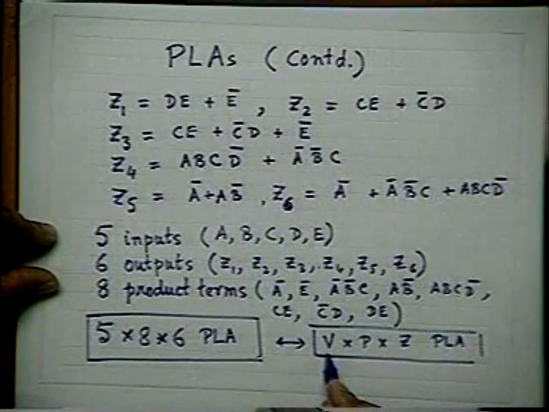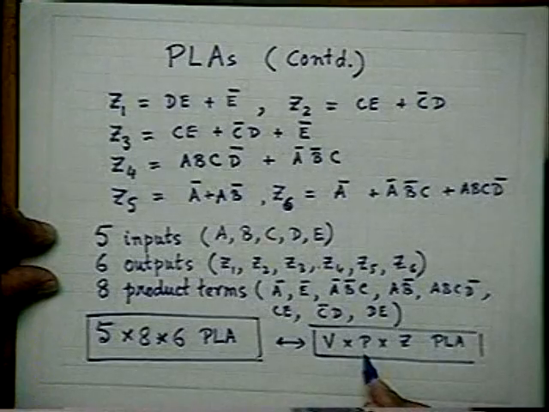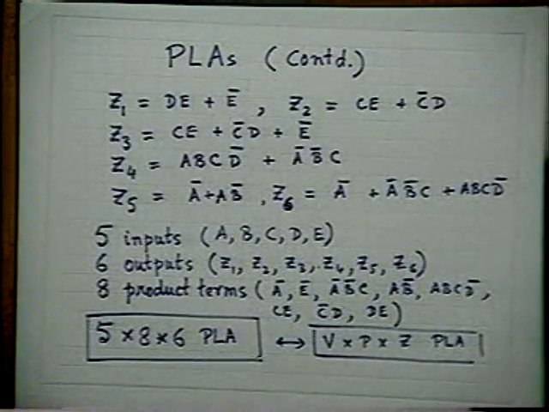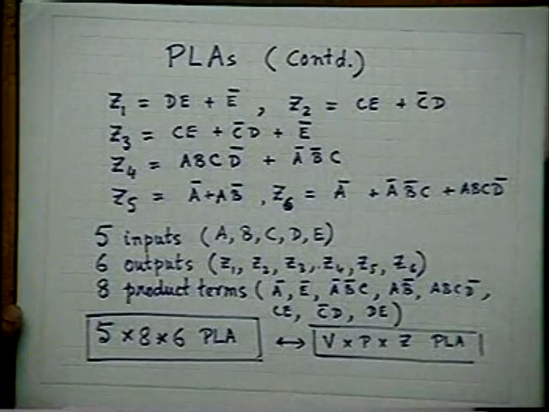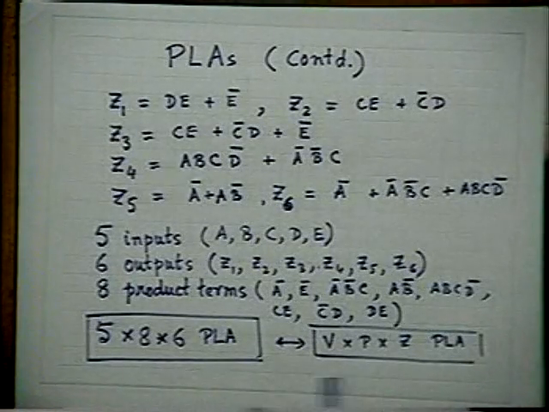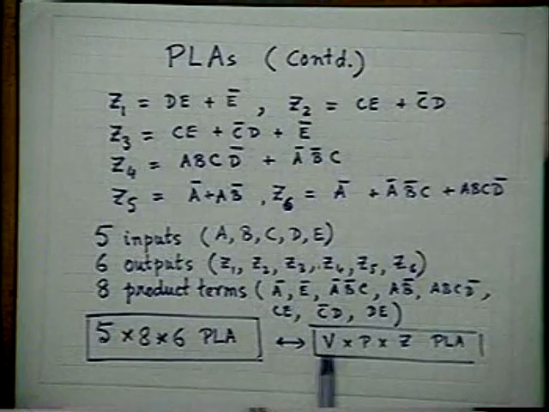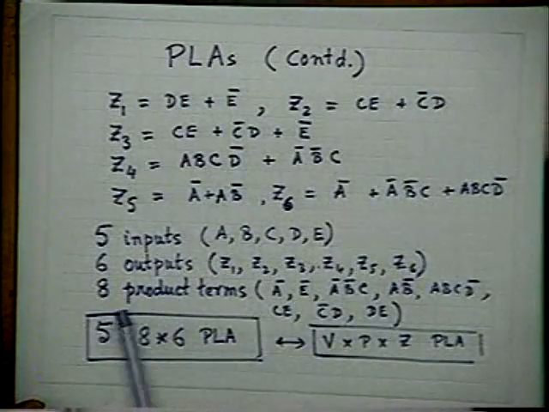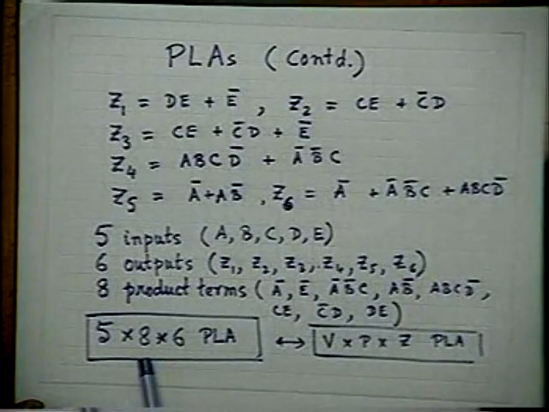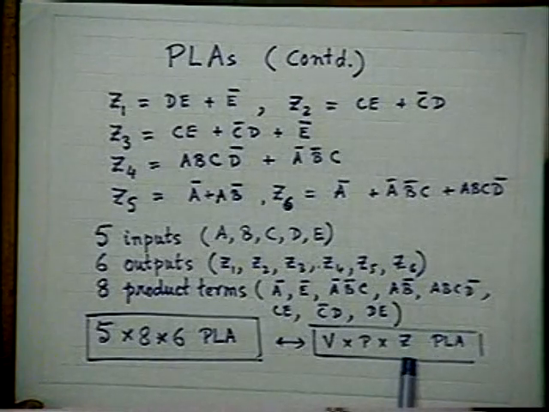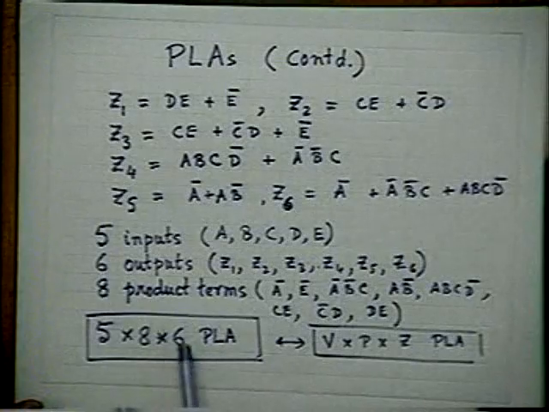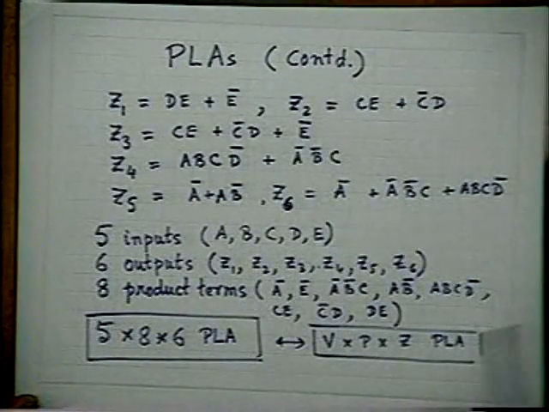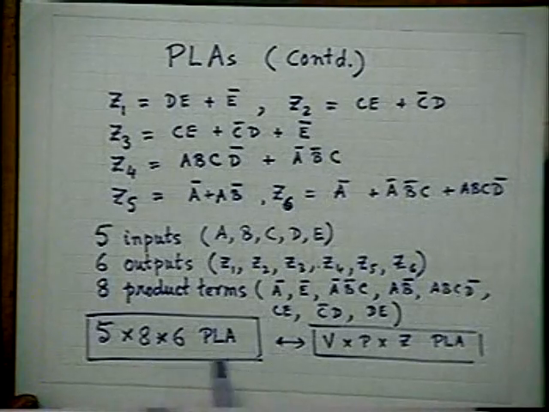V represents variables, P represents products, and Z represents outputs. So 5 variables are there as inputs, 8 independent products are there, and 6 such outputs are there. So this is an example of a 5 by 8 by 6 PLA.